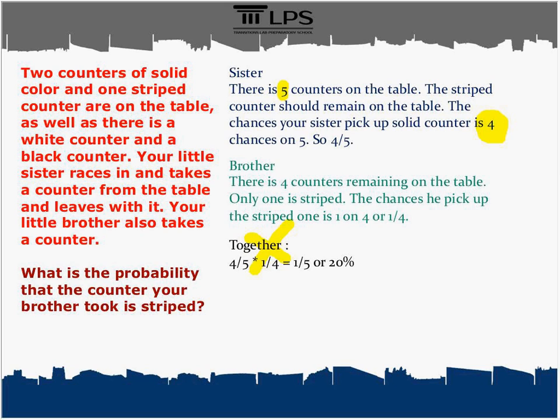Yes, very good. Yes, sister also. Yes, this is the chance of that event happening, that the sister is going to select a counter which is solid, and the brother will select the counter that is striped.